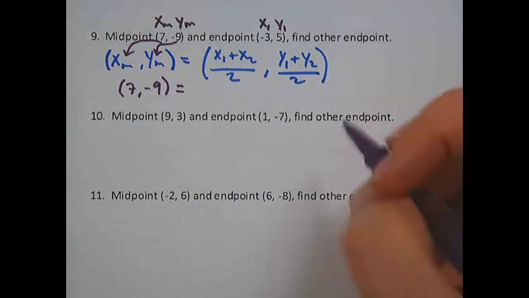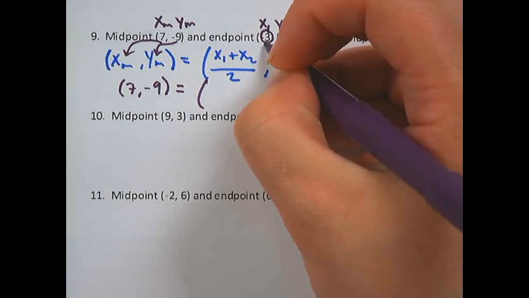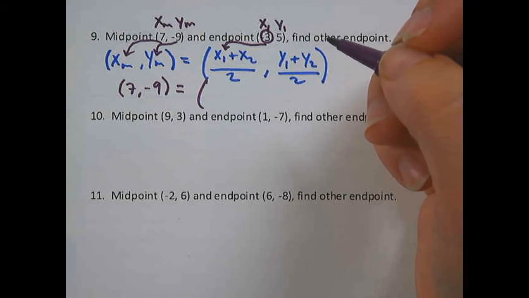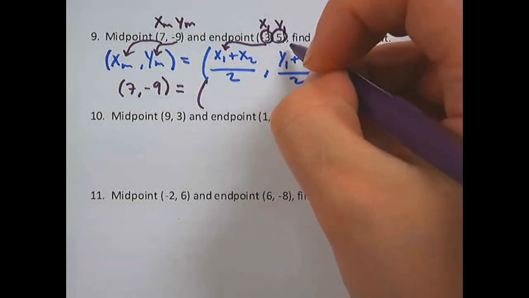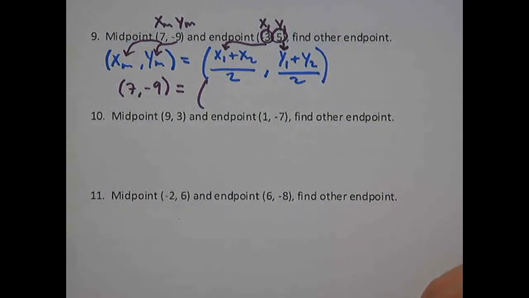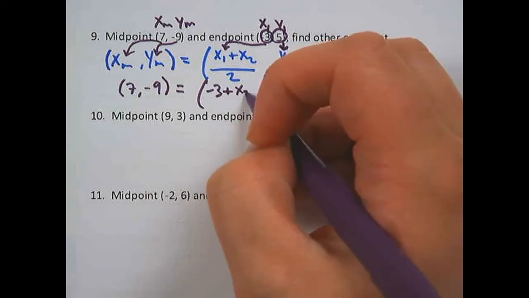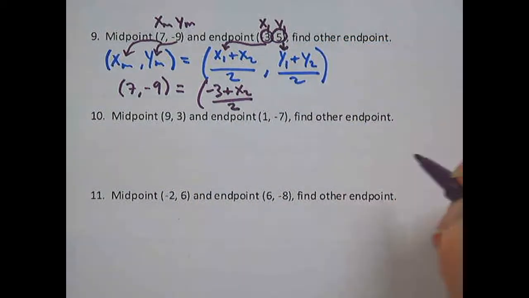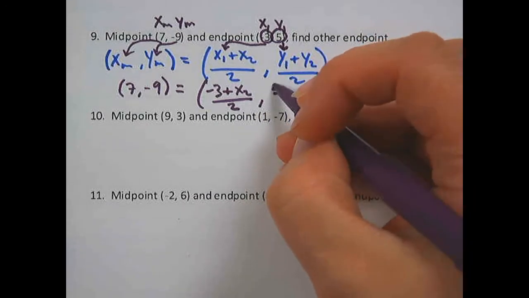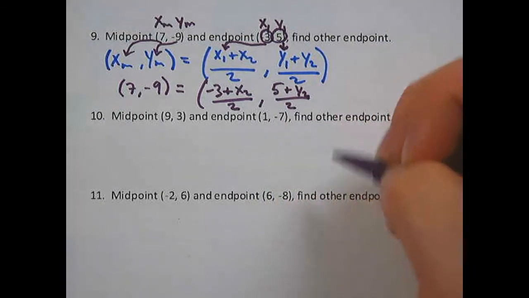equals, and then I'm going to take my x1, -3, and plug it in for the x1 in the formula. I'm going to take the y1, which was 5, and plug it in for the y1 in the formula. So we'll have -3 plus x2 divided by 2, comma, 5 plus y2 divided by 2.